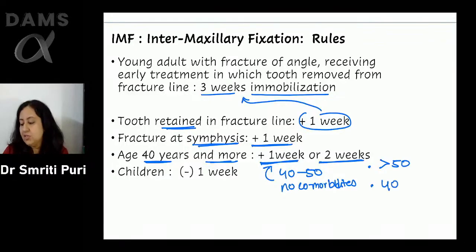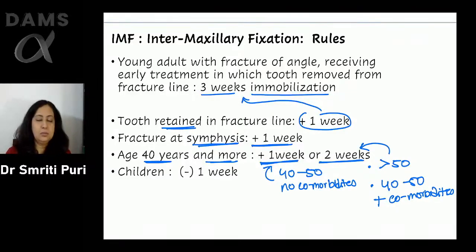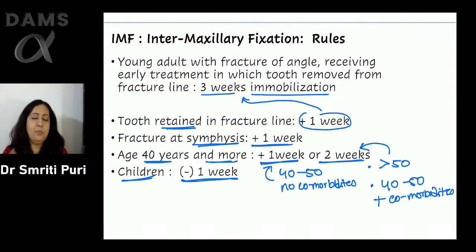Or if the patient is 40 to 50 plus comorbidities, you will add 2 weeks. So if the age is more, then the duration of IMF increases, or if there is a comorbidity, then the duration of IMF increases. And if it's a child, you will subtract 1 week from 3 weeks.